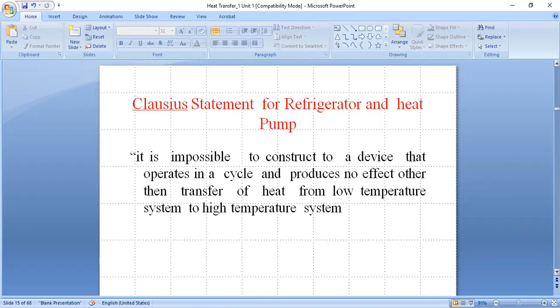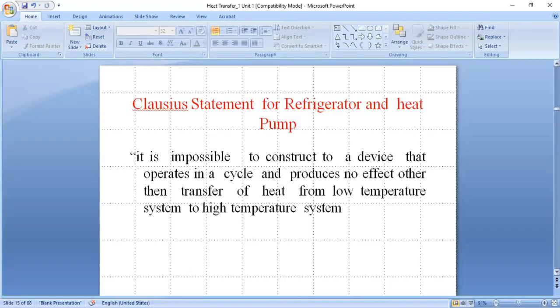Next, the Clausius statement for the refrigerator and heat pump. You know what is meant by a refrigerator. A refrigerator is used to maintain the temperature below the atmospheric level and below your surroundings. In many cases we use the refrigerator to maintain the temperature below atmospheric level and for comfort of human beings.